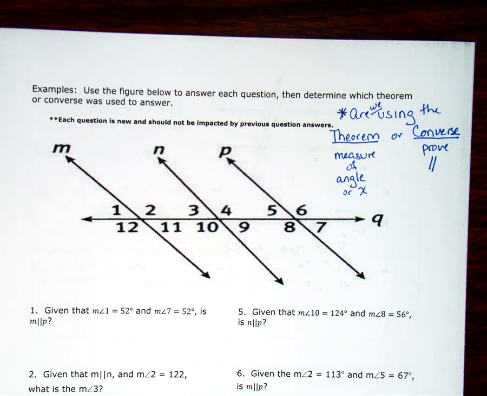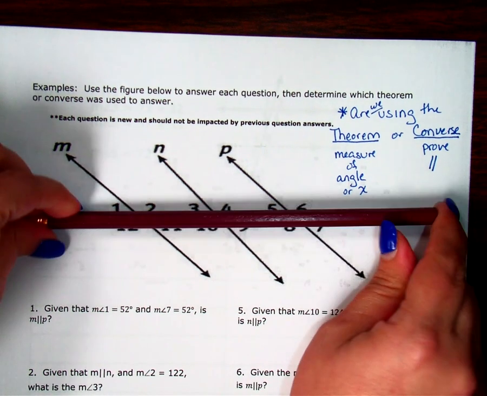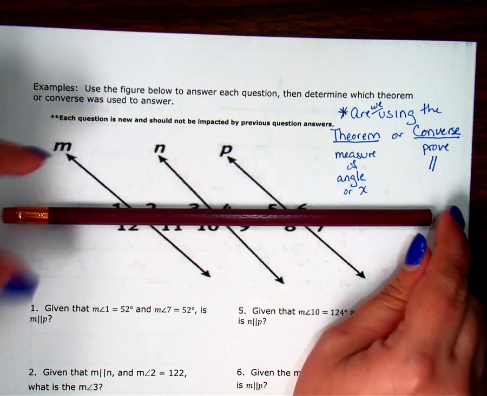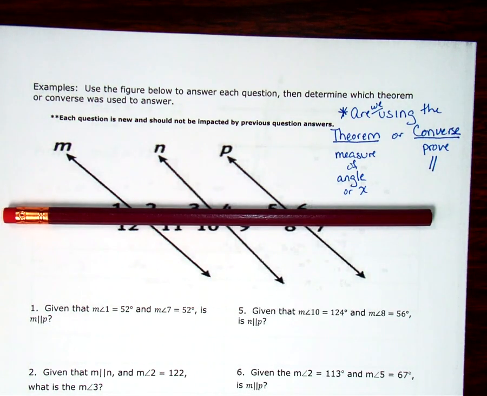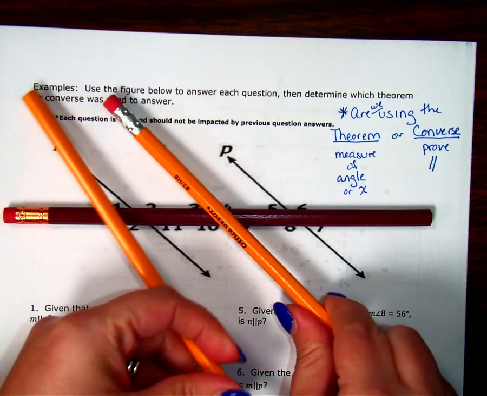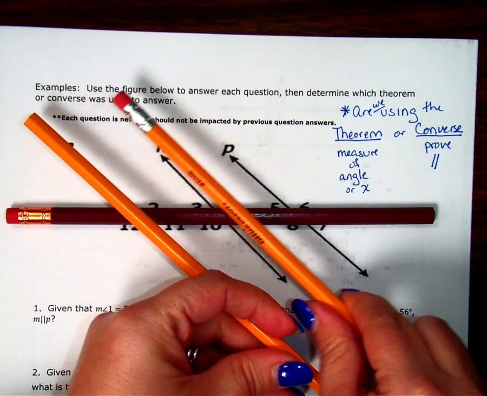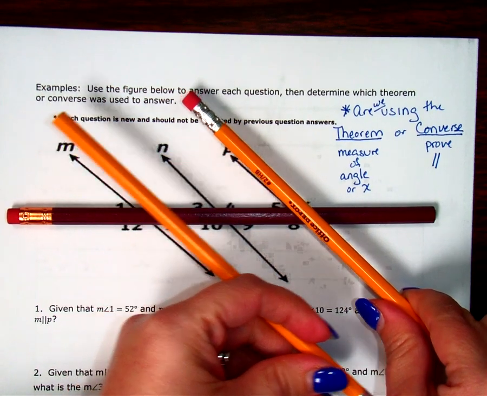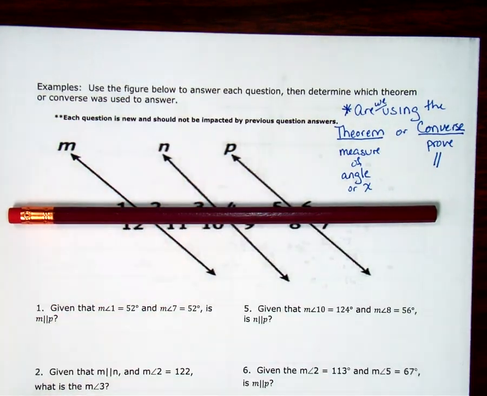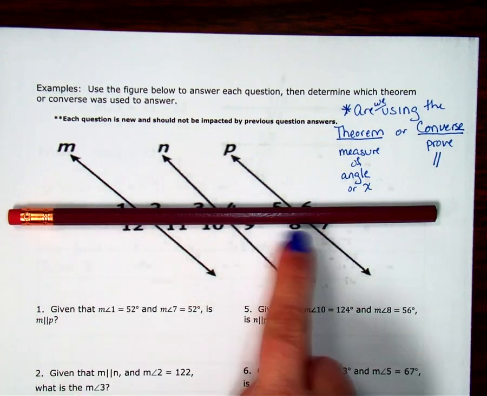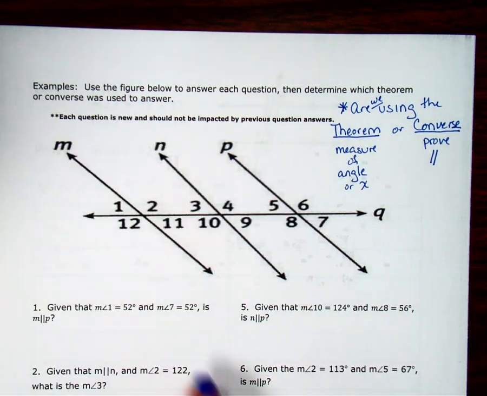Remember when I used my pencil and I said I've got a transversal in maroon, and then I've got my other 2 lines. Either these 2 or these 2 or these 2 that I'm looking at. That's the only transversal I can have in this figure because it's the only line that crosses the others. So I'm just going to worry about the 2 lines.